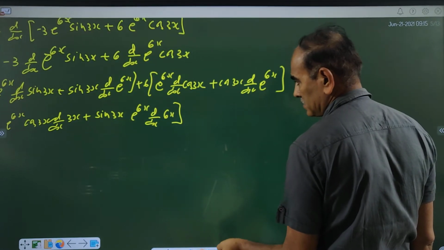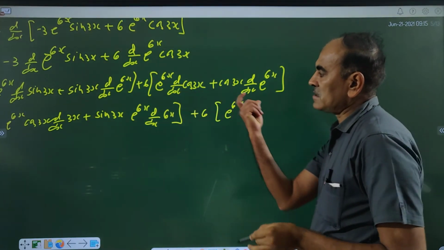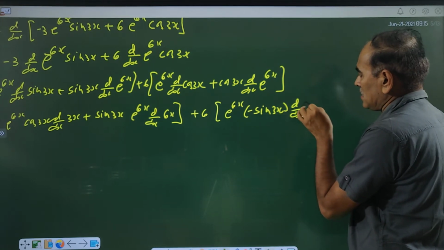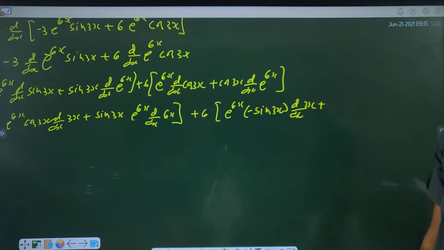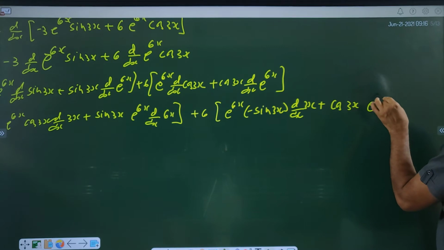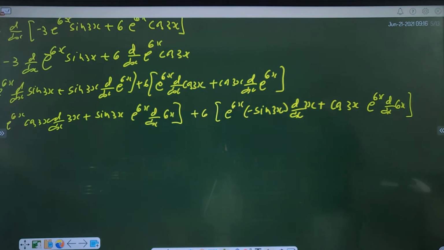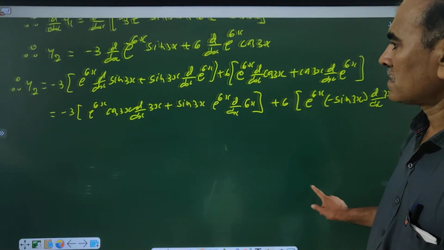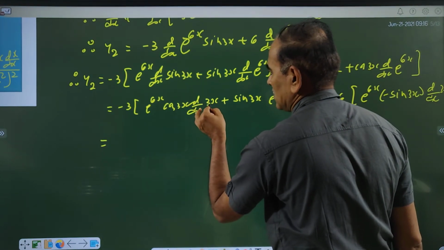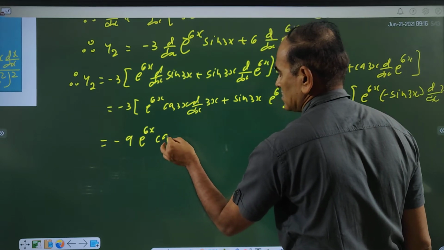Now what is the second bracket? 6 e raised to 6x, cos of some function, minus sin of some function, d by dx of some function, plus cos of some function is given, e raised to some function, d by dx of some function. Yes? So that is equal to, this one is 3 and here 3 is there, so minus 9 e raised to 6x cos 3x.